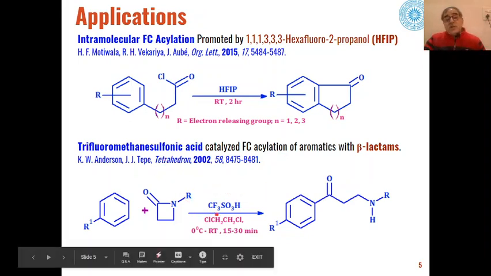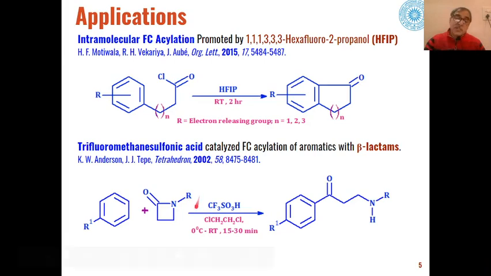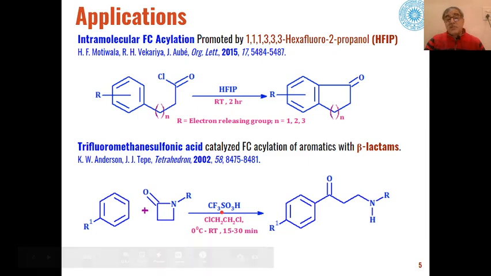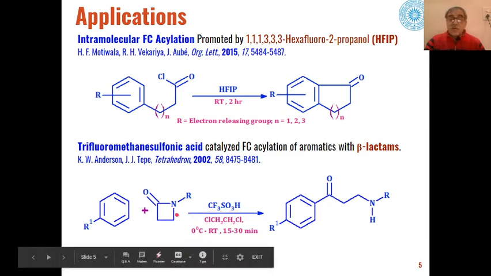Then similarly, trifluoromethane sulfonic acid can also act as a catalyst for these types of Friedel-Craft acylation reaction in case of beta lactams. So when beta lactams react with trifluoromethane sulfonyl chloride, then this carbon nitrogen bond will break.